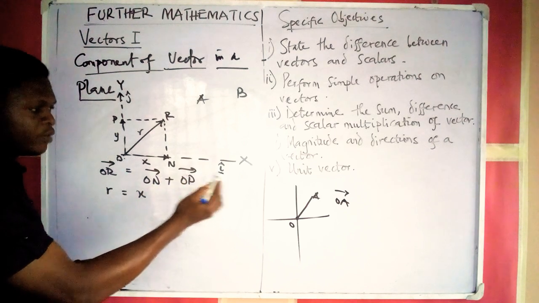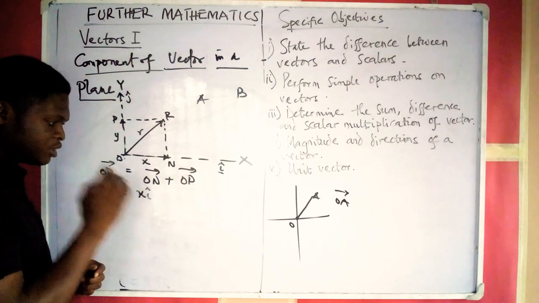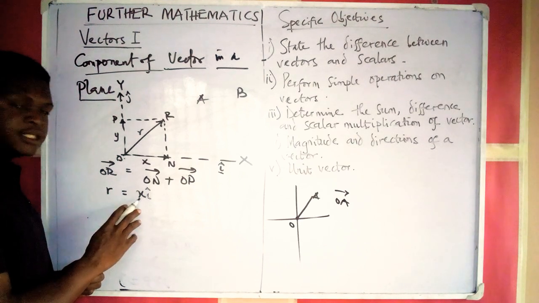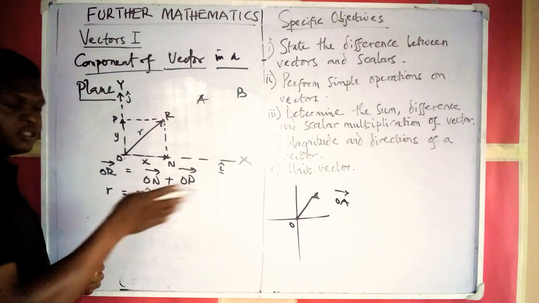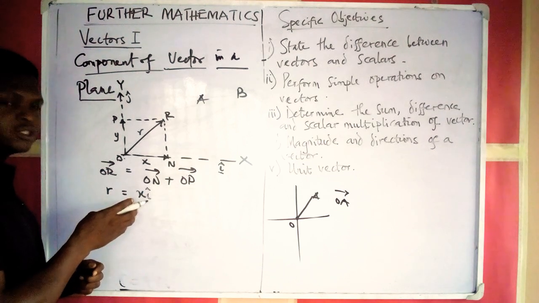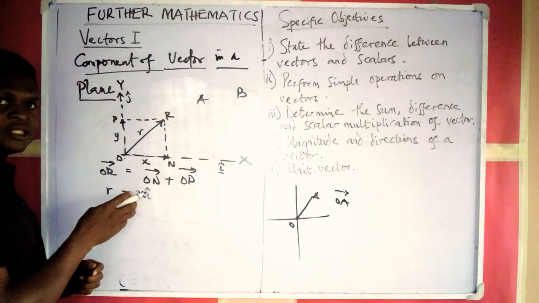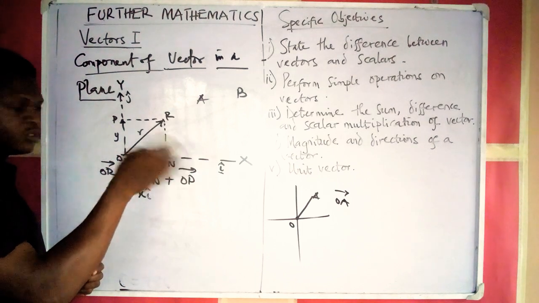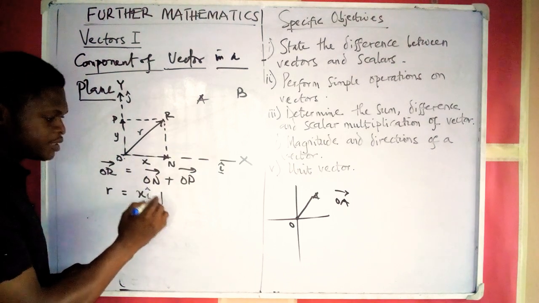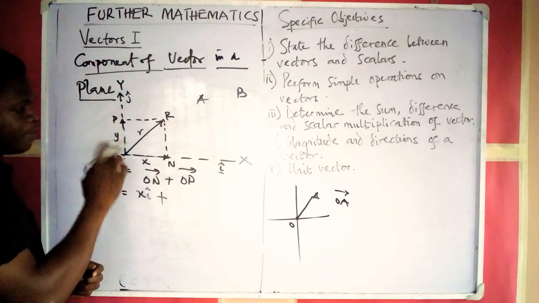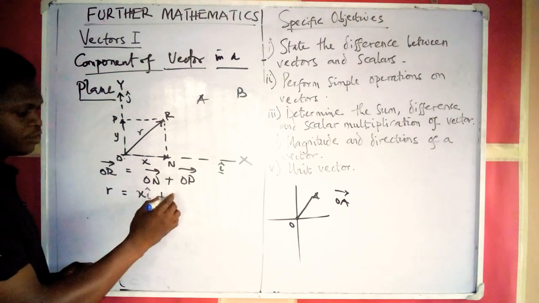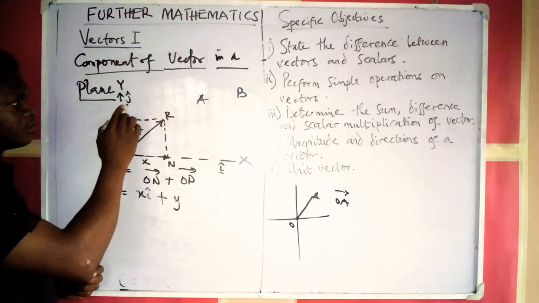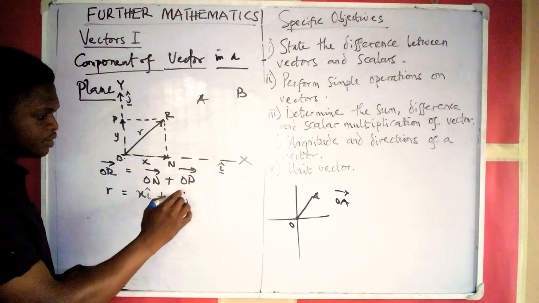Because it's the horizontal direction, we place it with its unit vector, telling us that x is in the horizontal direction. And we remember that we use i to represent the unit vectors in the horizontal direction. Then plus OP here, the magnitude of OP is y. But what is the direction of y? j direction. So we have this.